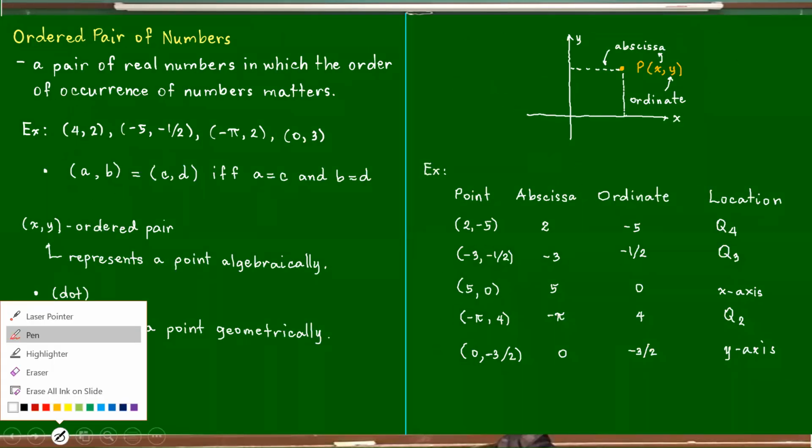Non-convex or concave, no? Okay? So we will be considering convex polygon. But you can also find, of course, the area of a non-convex, but you have to divide it so that you will be able to form what we call convex, because the formula that we're going to have is applicable to convex. Okay, children? So we have what we call area of a polygon.